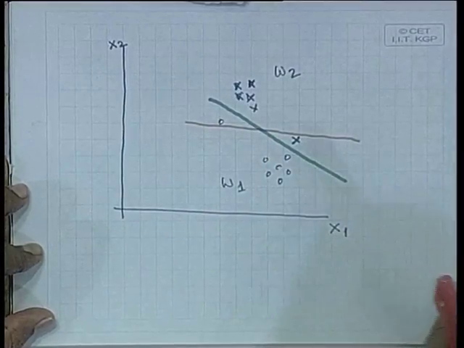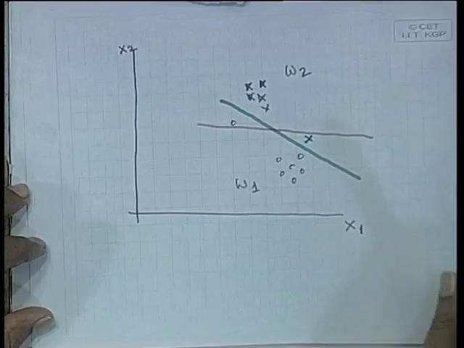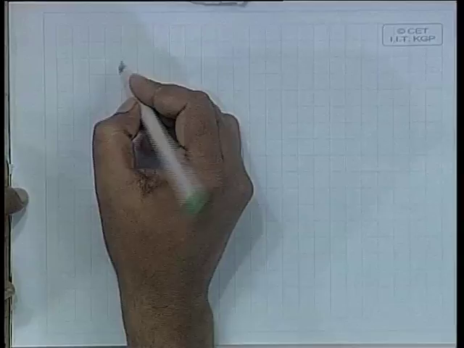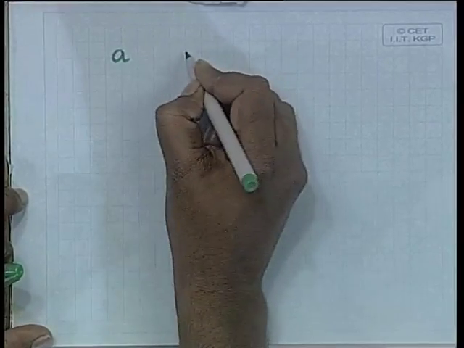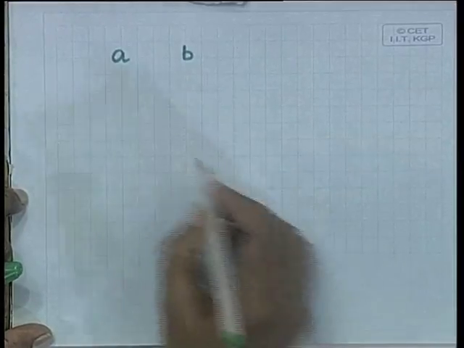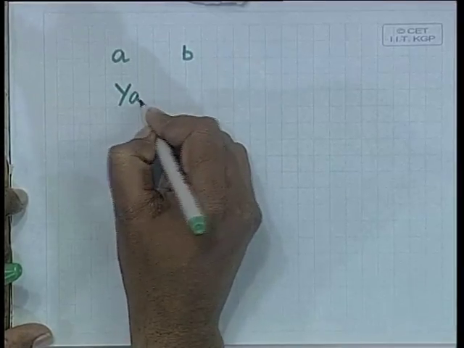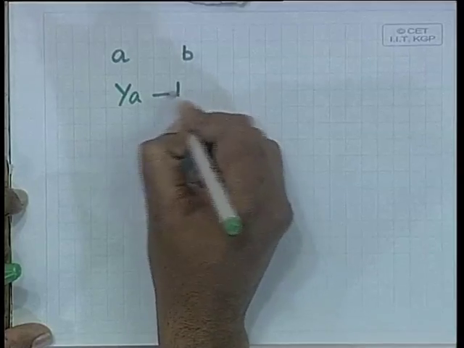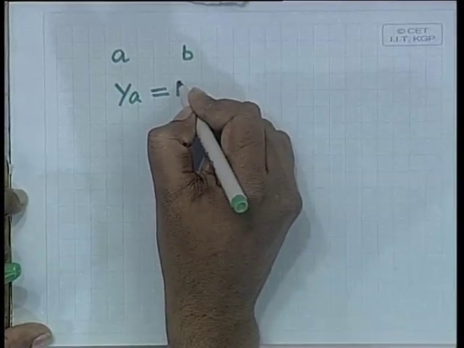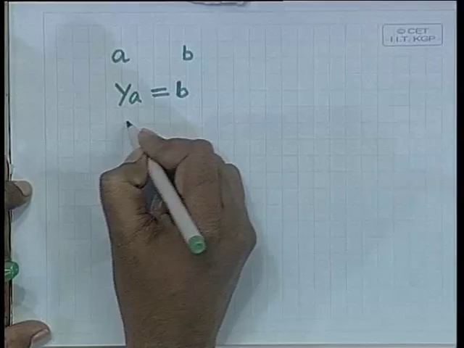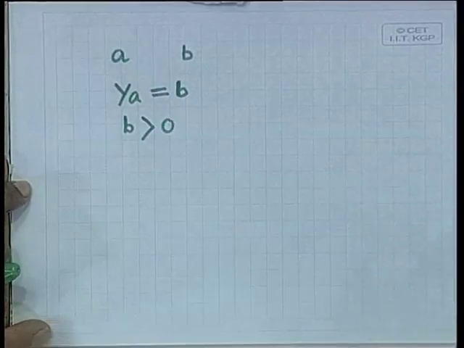Though this MSE or minimum squared error based criteria function may lead to this kind of problem, it can be shown that if the classes are really linearly separable, then it is possible to have some weight vector A and some margin vector B, where Y A is equal to B, where B is greater than 0.